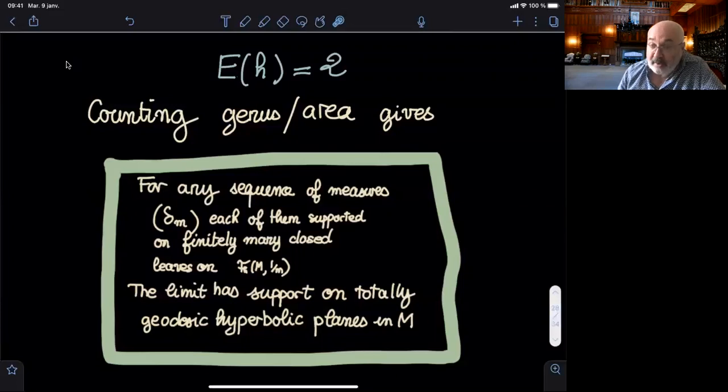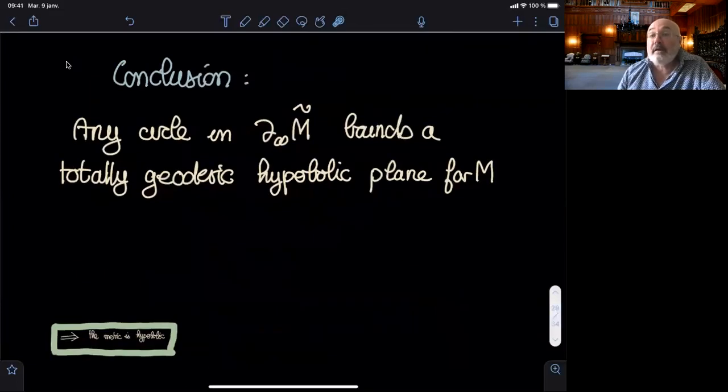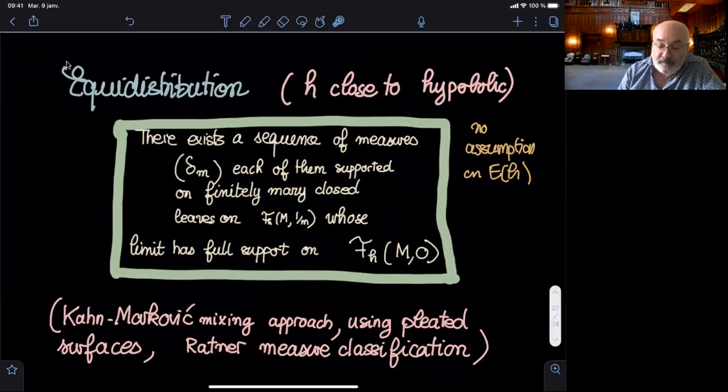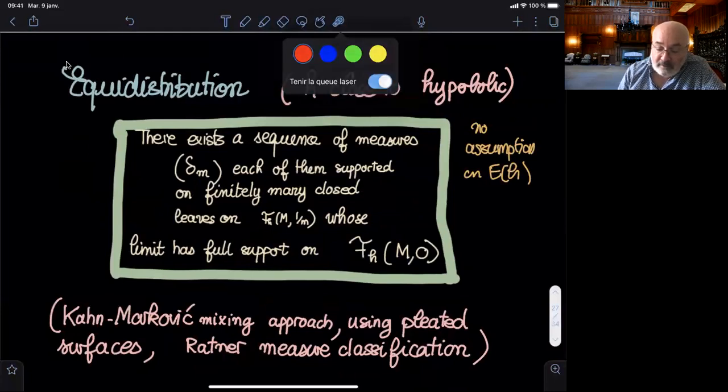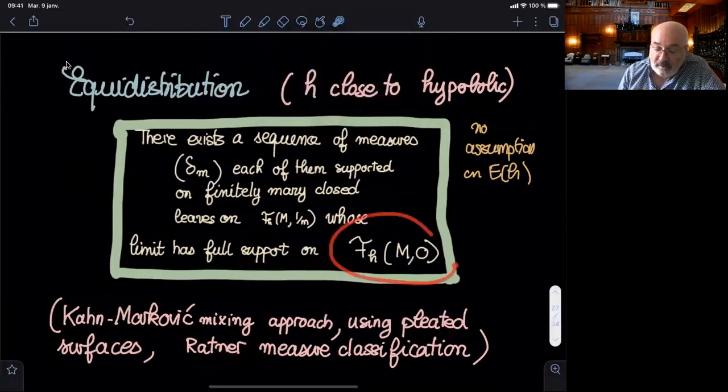So now you are finished, because what you prove is that any circle in the boundary at infinity is in the support of this measure.